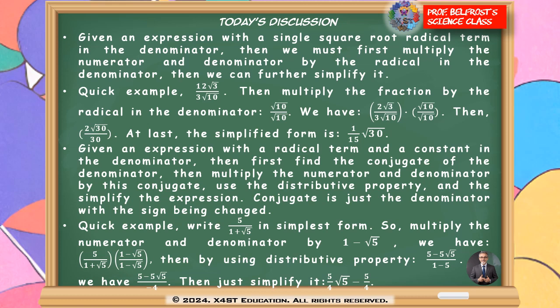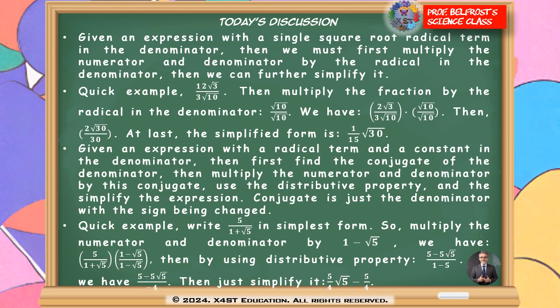For example, this very simple example, let's say that we have the expression 12 times square root of 3 divided by 3 times square root of 10. Because we have square root of 10 at the denominator, that is the radical that we can use to simplify this. So we just need to multiply both the numerator and denominator by square root of 10.